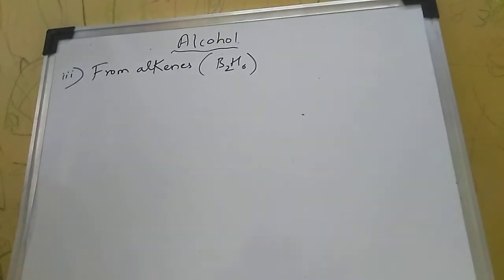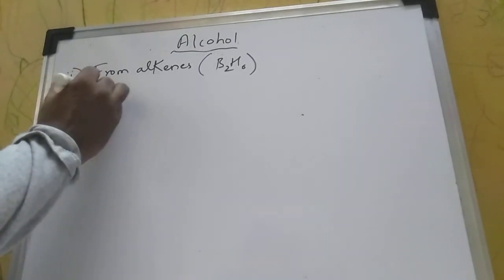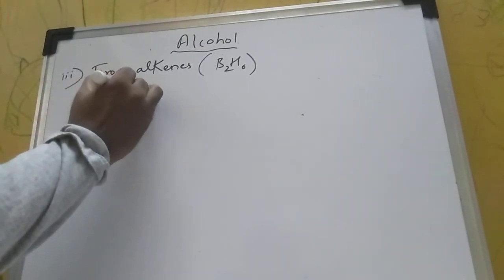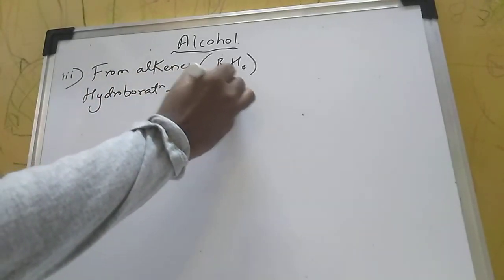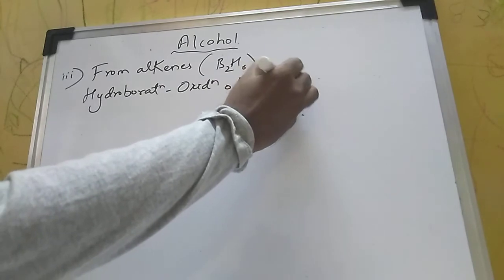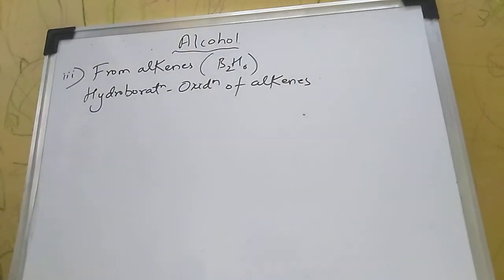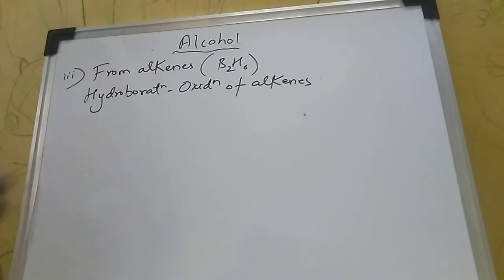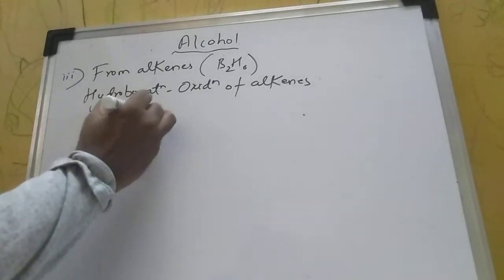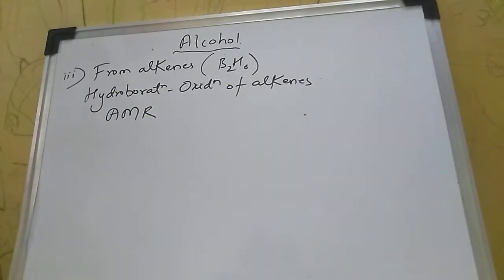So in short, this is termed as hydroboration oxidation of alkenes. But here the addition takes place according to AMR, anti-Markovnikov's rule.